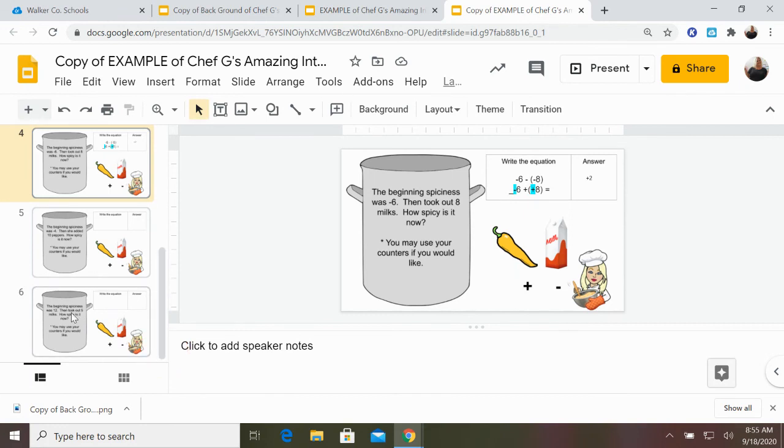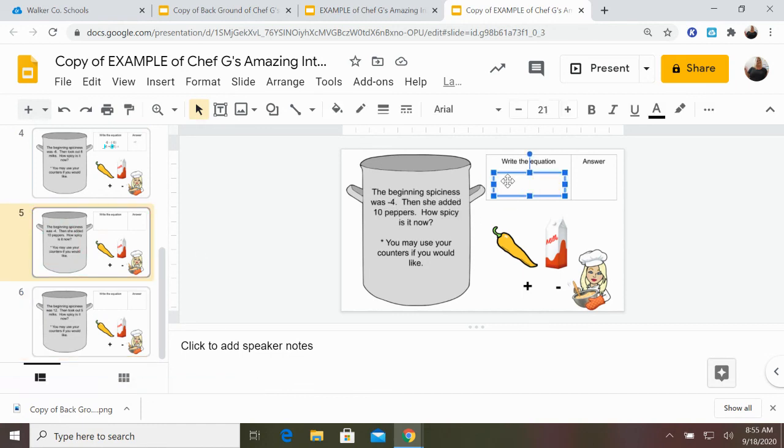And let's do this last one here. Oh, I've got 2 more. Hold on. Okay, so the beginning spiciness was negative 4. So I'm going to put negative 4. Then I add 10 peppers. Peppers are positive. Positive 10, not equals, positive. Got to push that shift key to make it positive. Equals.